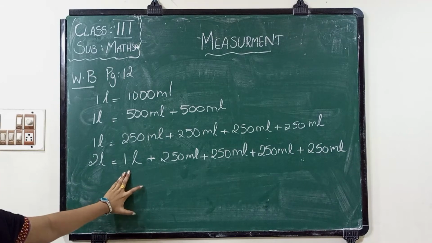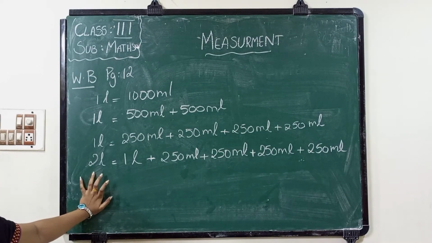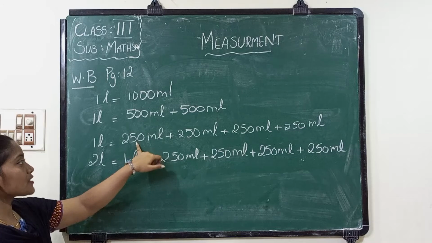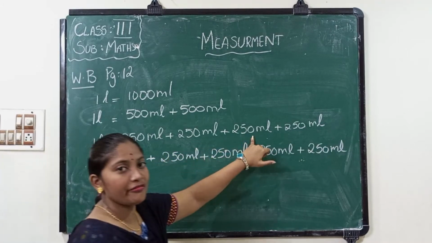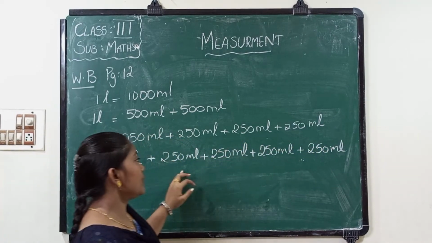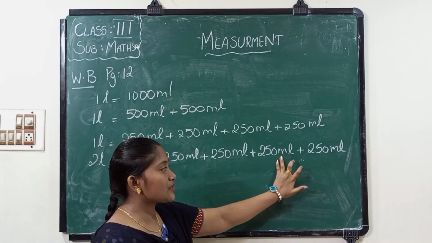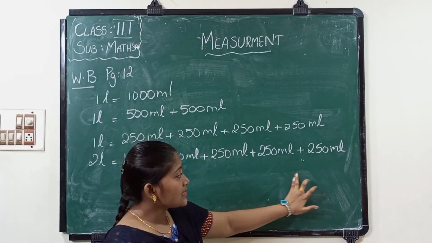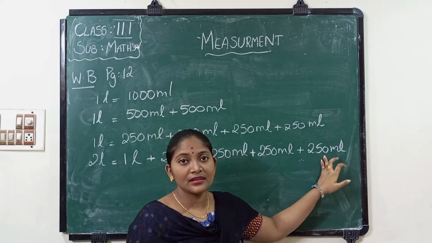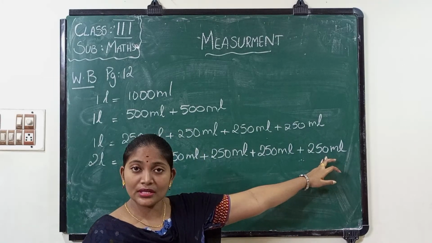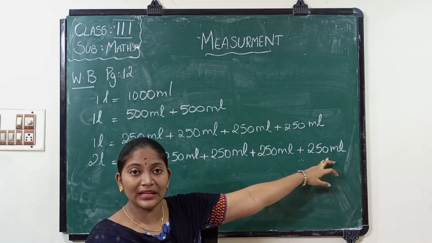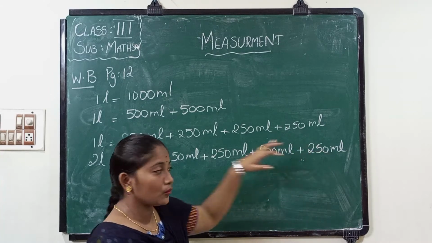Because 2 liters means 1 liter and again 1 liter is left. I can write 1 liter as 250 ml plus 250 ml, 250 ml plus 250 ml. So 250 plus 250 is 500 ml, and 500 plus 250 ml is 750 ml. 750 ml plus 250 ml is 1 liter, 1000 ml or 1 liter.